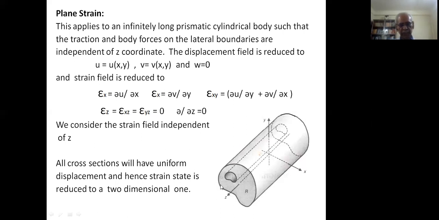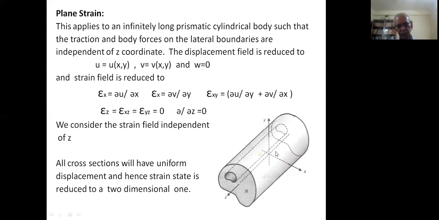A typical application for this assumption would be a long bar, a prismatic bar, where the forces and traction and the body forces on the lateral boundaries are independent of the z direction.